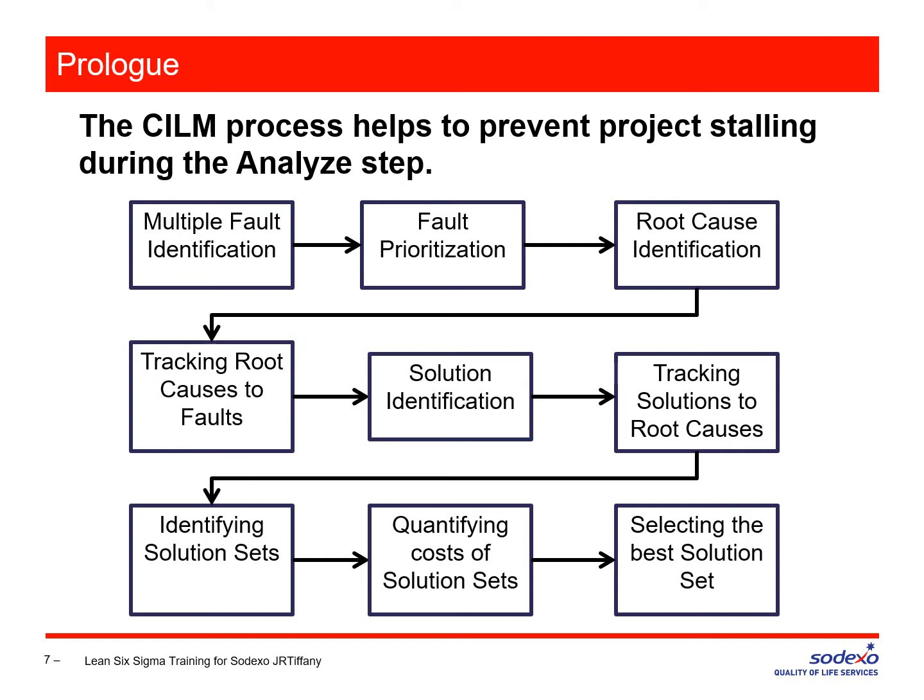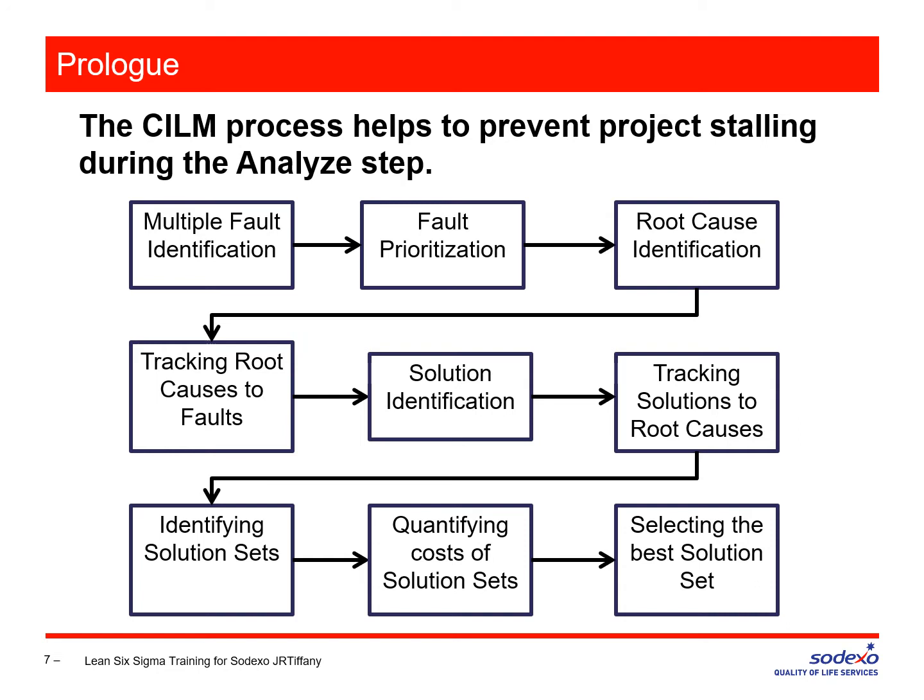And then we identify solutions, one for each one of the root causes. And we often find that a solution will track to more than one root cause. We then identify solution sets. Which solutions do we have to do to get pretty thorough coverage of the root causes? And there usually are 2 or 3 or more solution sets.